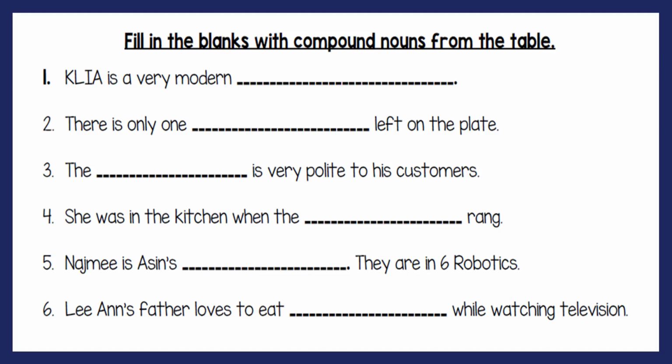Number 1, KLIA is a very modern airport. If you got that correct, put a tick. Number 2, there is only one cupcake left on the plate. Another tick if you got that correct.